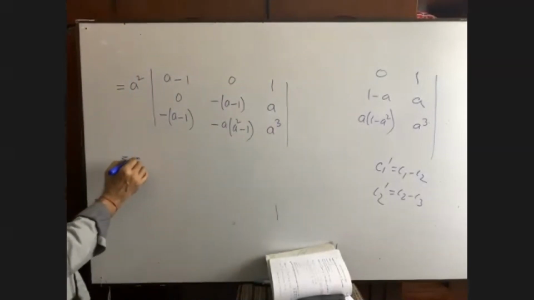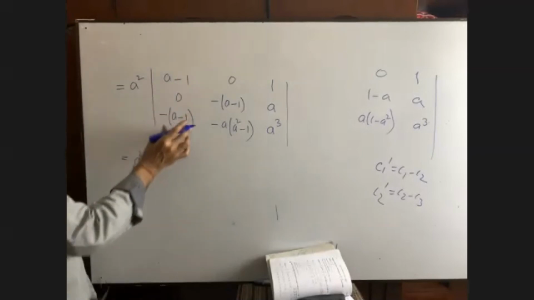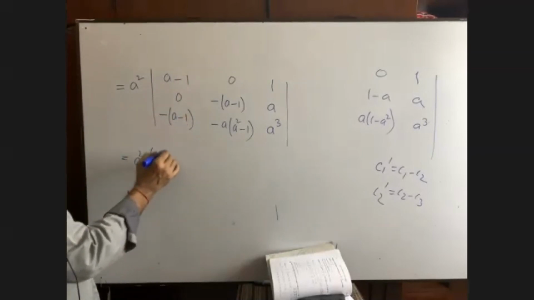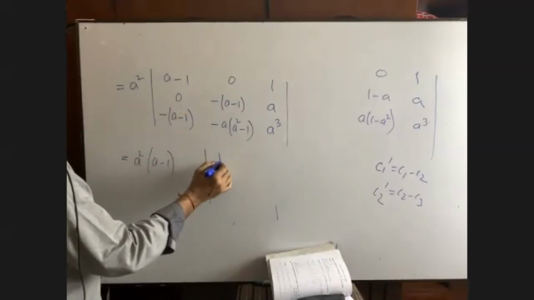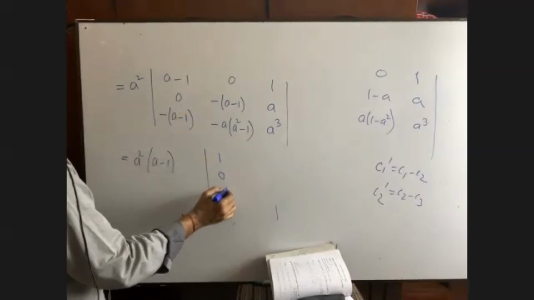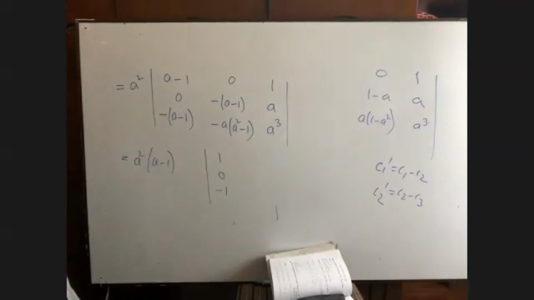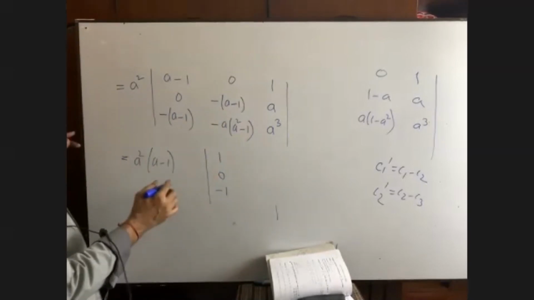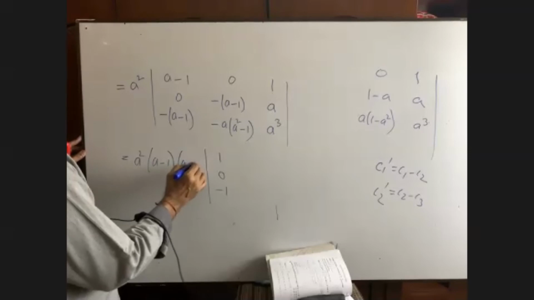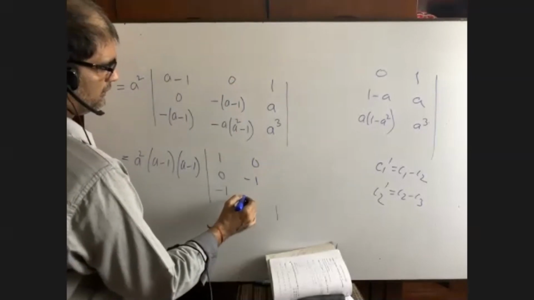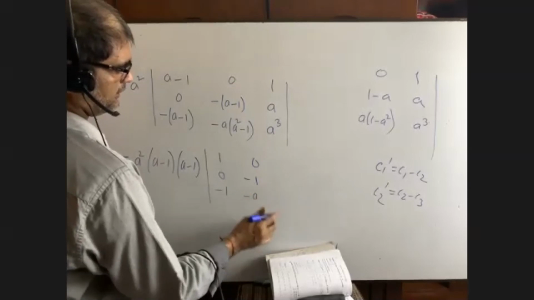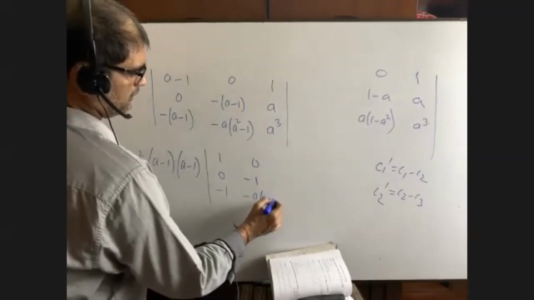Now you see it is a square. Here a minus 1 can be taken common. If I take a minus 1 common, we will be left with 1, 0, minus 1, right? If a minus 1 is taken again common from here, it is what? 0, minus 1, minus a into a plus 1.